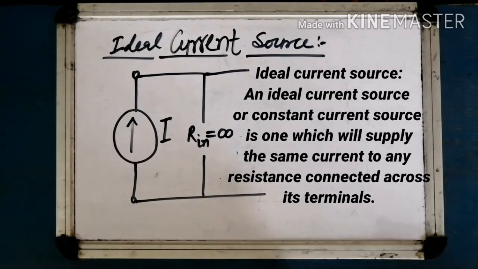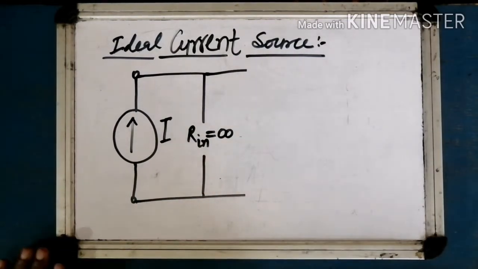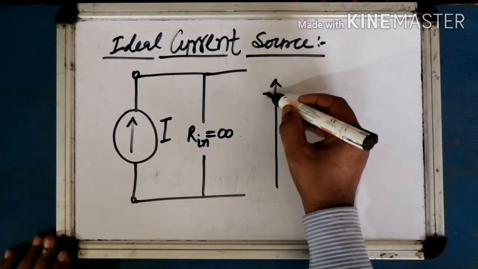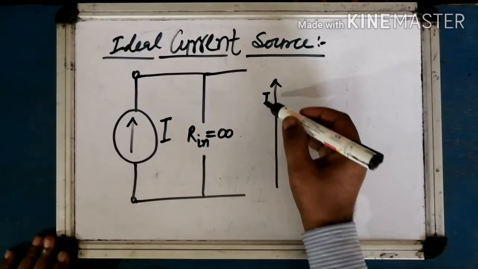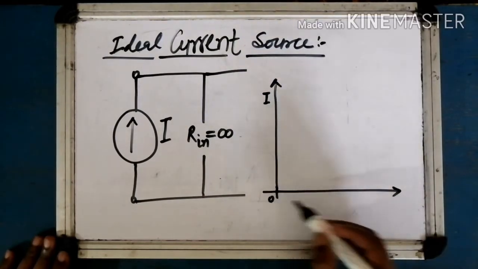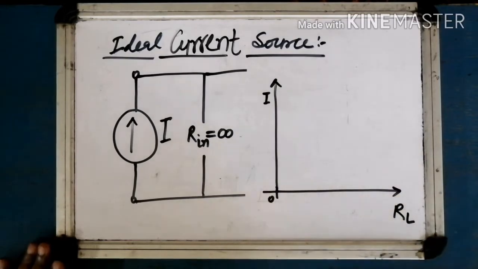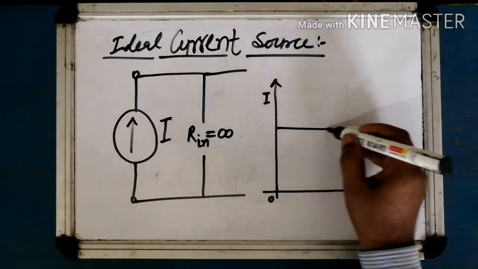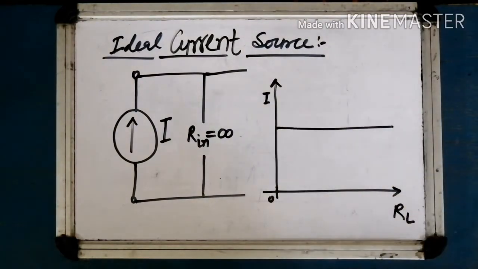Right? Now see the characteristics. This one is the y-axis, on y-axis there is current, and at the x-axis there is load resistance, right? Whatever the value of this resistance, the value of current remains constant, such source is known as the ideal current source, right?